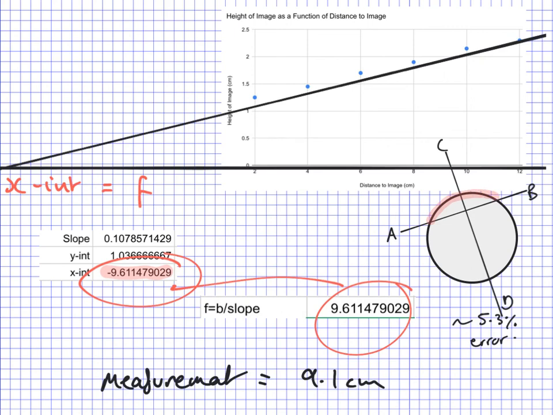Okay, so if I was to draw that diverging lens on here, it might look something like that, right? And so if we use our intersecting chord theory and we can work out the radius, and if we know the radius of a circle, we know the radius of curvature, and that will tell us something about the focal length.